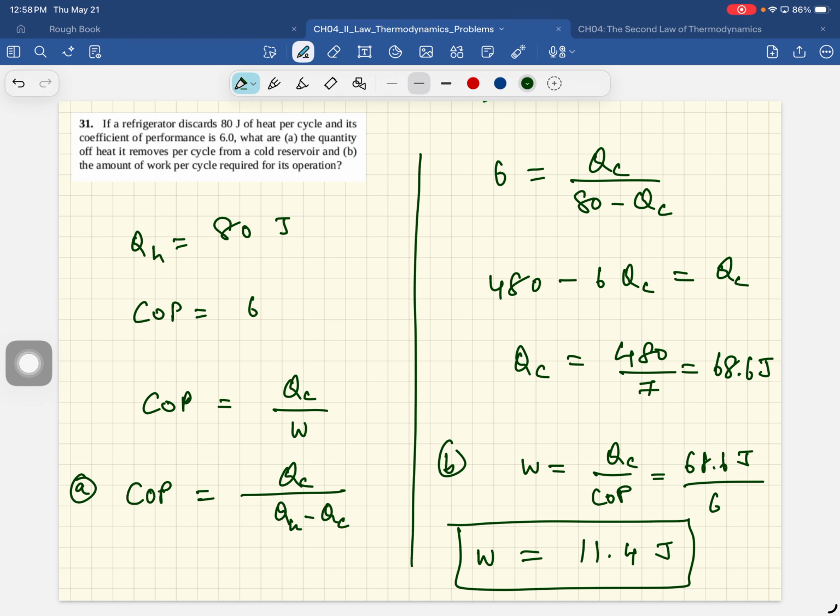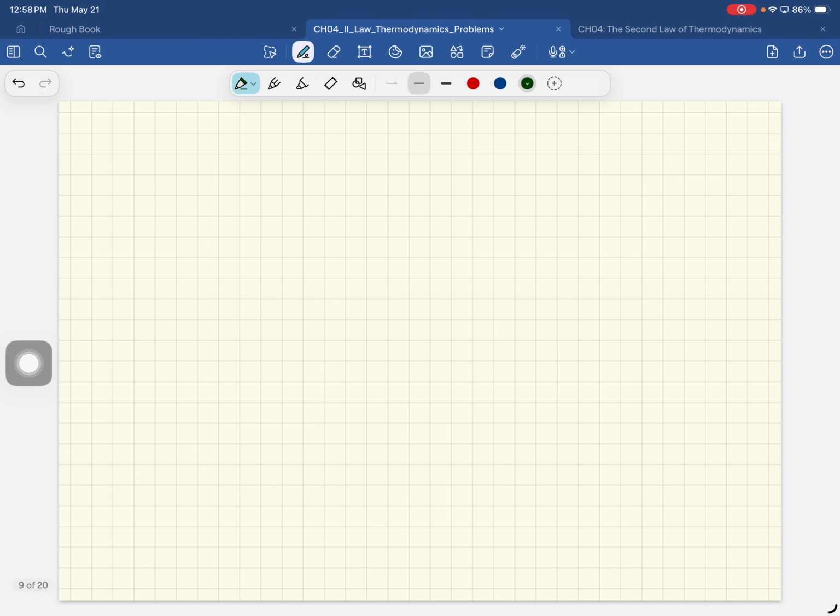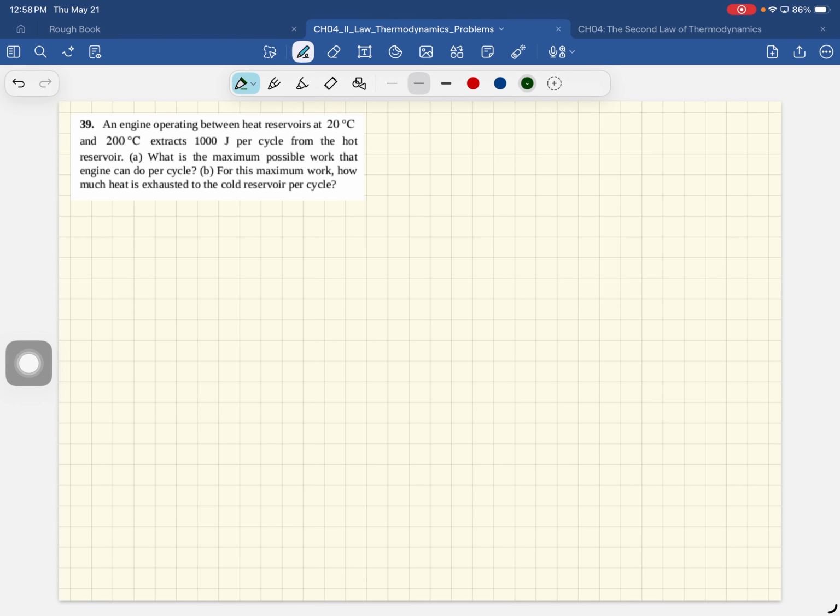They want the entropy change per mole. V final is 1/5 V initial.